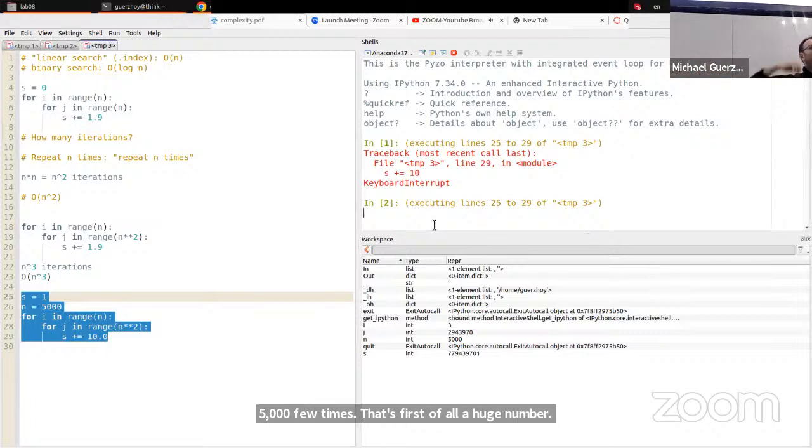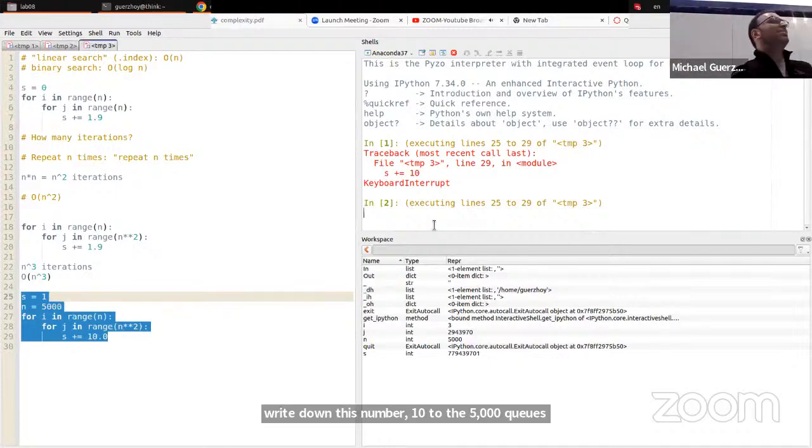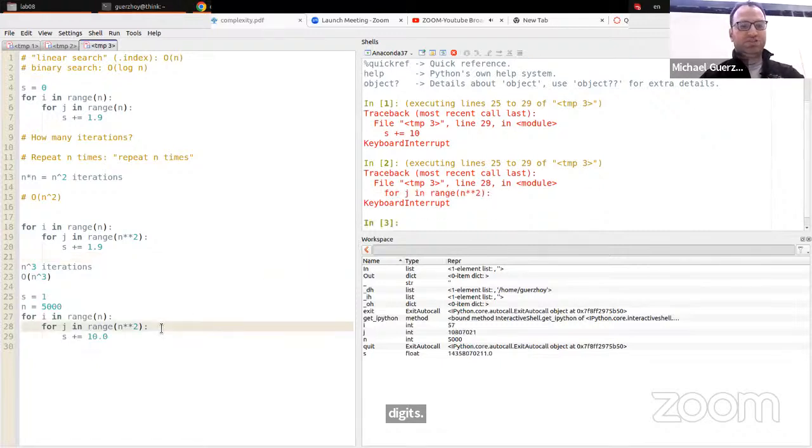Second of all, because an integer can in principle store this huge number, it can try to get to that number, and that would take a really long time. Even to write down the number 10 to the 5,000 cubed, that would be 5,000 cubed digits. That's a lot of digits.